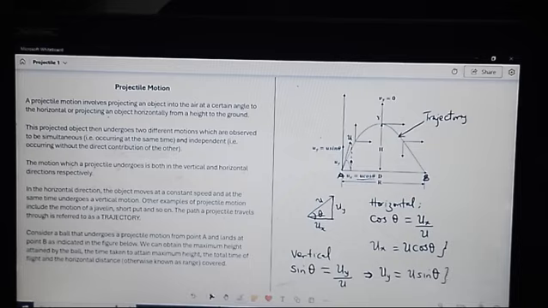Now, in talking about a projectile motion, it doesn't just end with projecting an object from the ground. You also have a case where you project the object from a height. We'll look at that also.